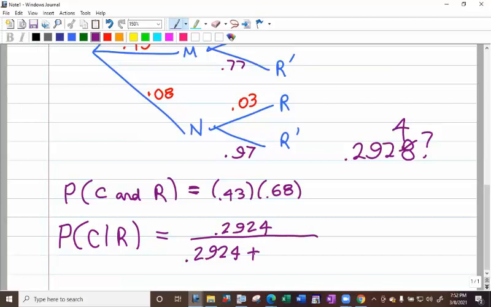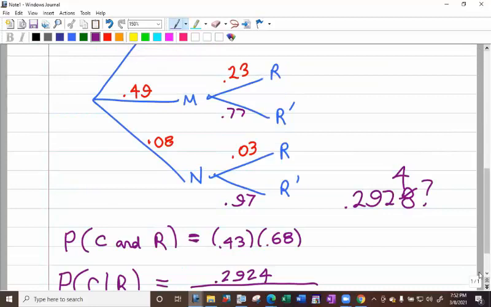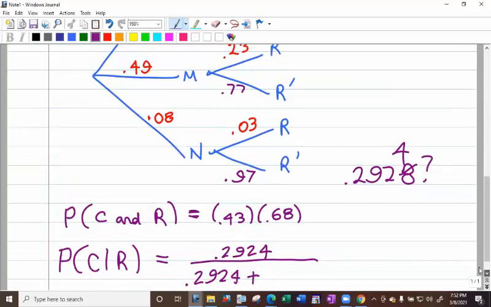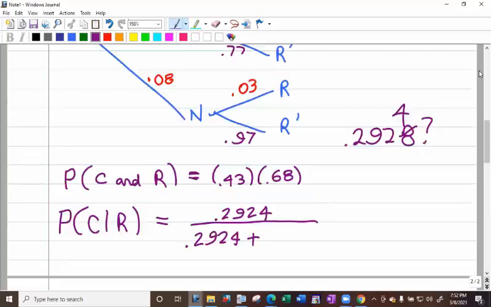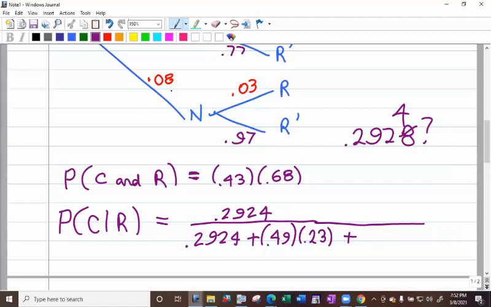And now we go everything else that leads to R. Yeah, that was very poorly worded. 4923. And then what else? 0.08, 0.03. I'm just missing something in the question, but that didn't make it that clear to me. This is what it wanted.